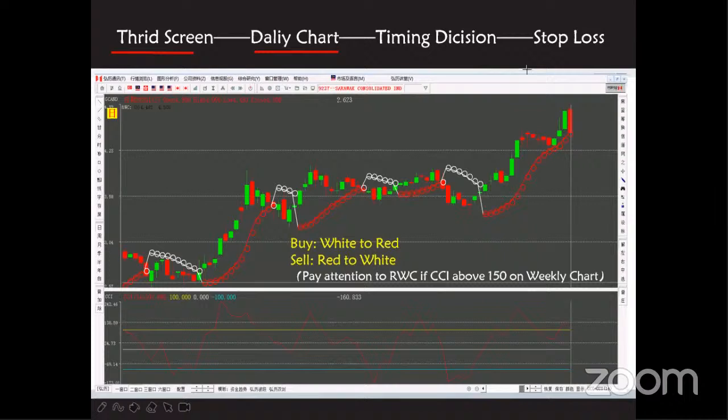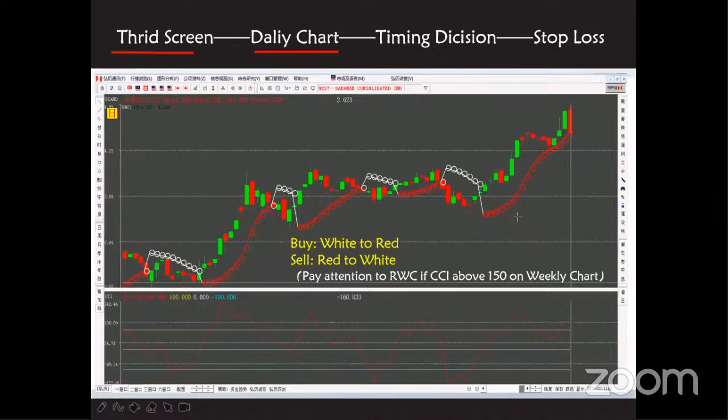Based on this daily chart, we need to use some stop loss indicators. In Harmony software, there is one indicator which is very suitable to use. It is the red and white circle. Most of our members know this indicator, right? Because it's easy to understand and very easy to use.